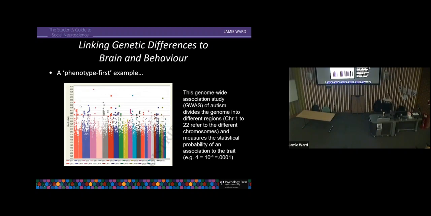And basically what you find is that the more participants you bring in, the more these ones that are approaching significance just get pushed through. So the larger our samples get, the more genes are being discovered. We're constantly finding more and more genes for autism the more we look, simply because you're pushing things over the statistical boundary. So in this study, you can count them on your hands.